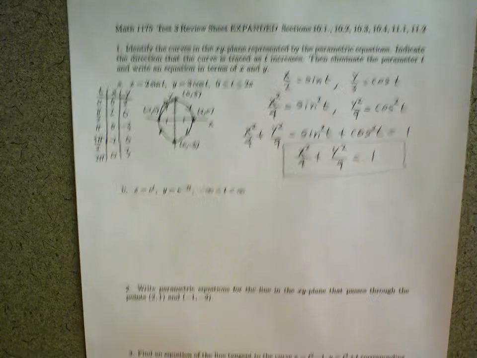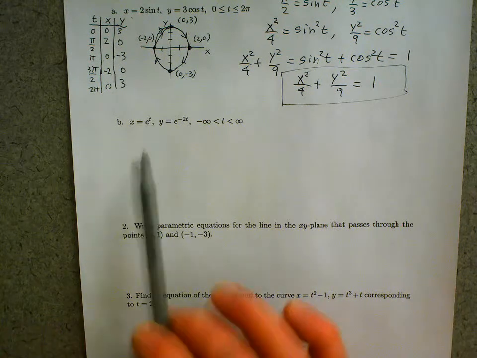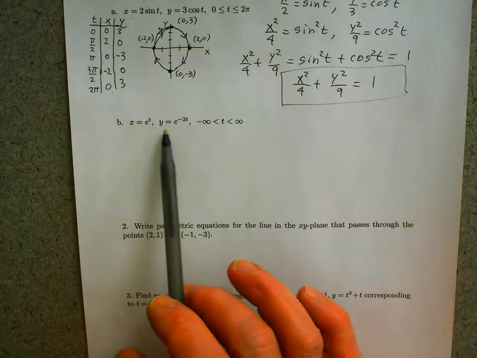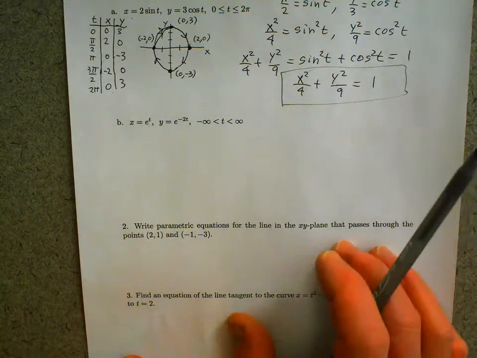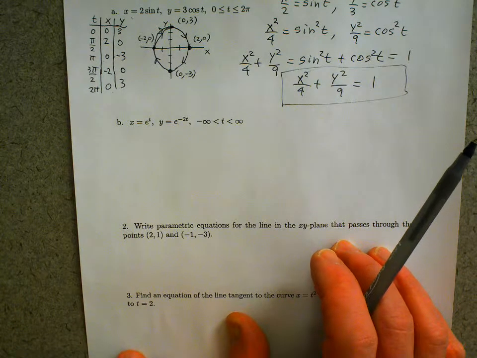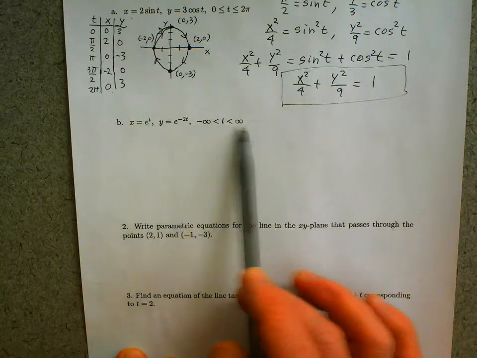Okay, the next, part B, this time x is equal to e to the t, and y is equal to e to the negative 2t. T ranges from negative infinity to infinity.